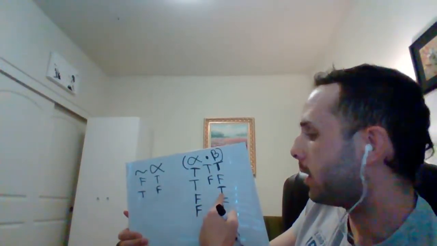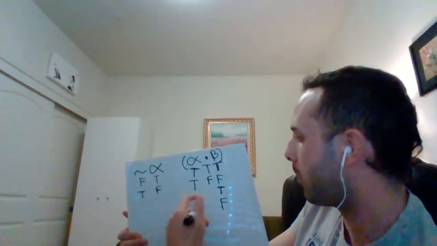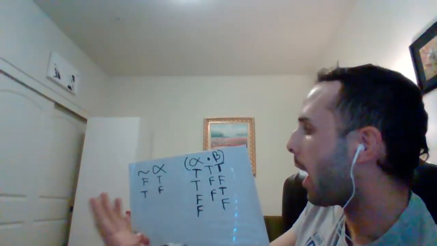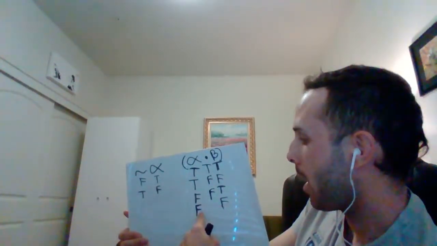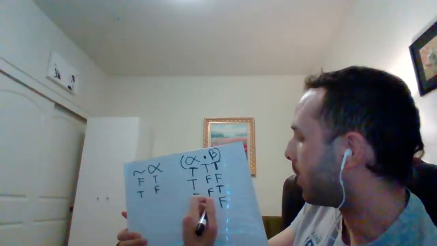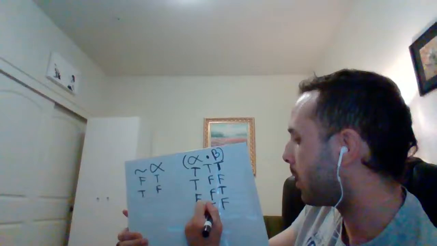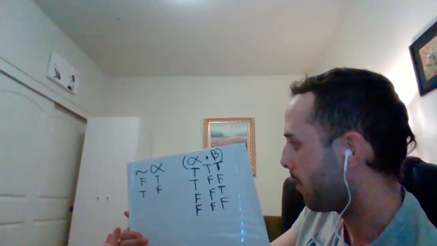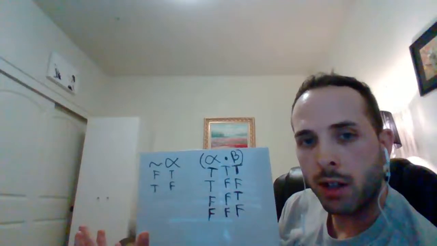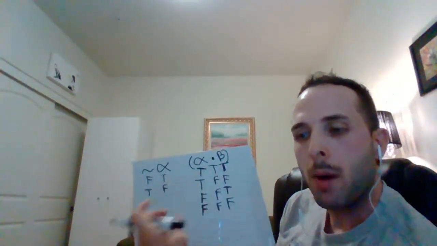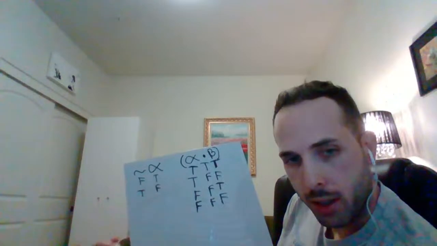If alpha is false and beta is true, the statement alpha and beta is false. And if alpha is false and beta is false, the compound statement alpha and beta is false.